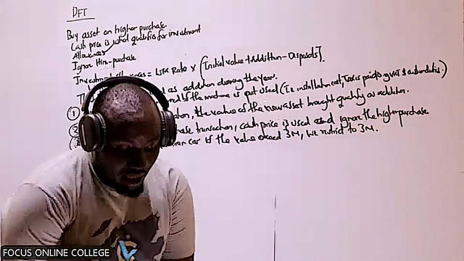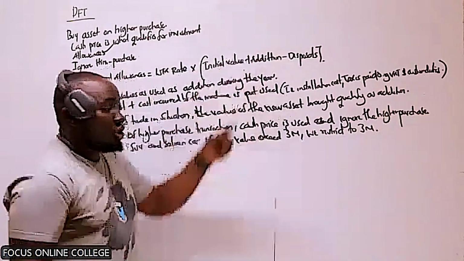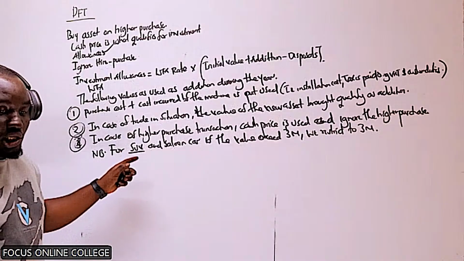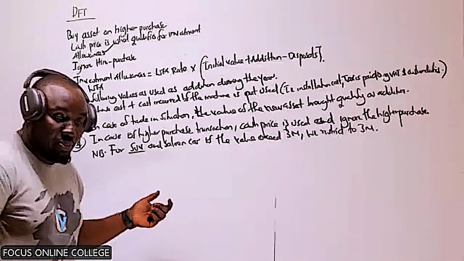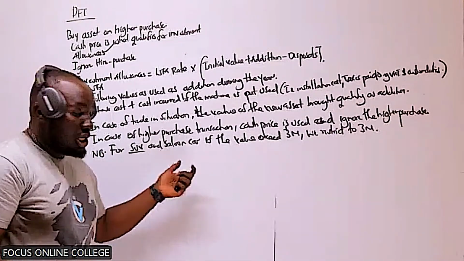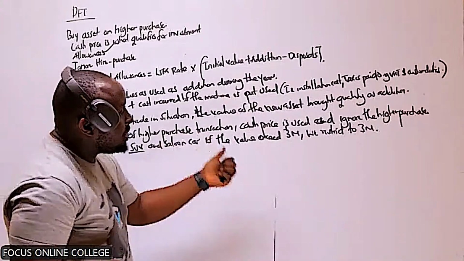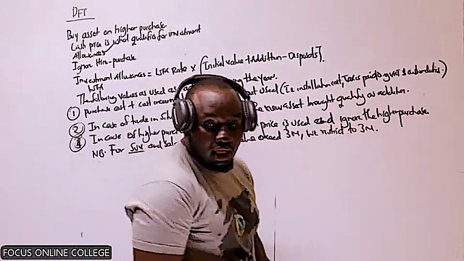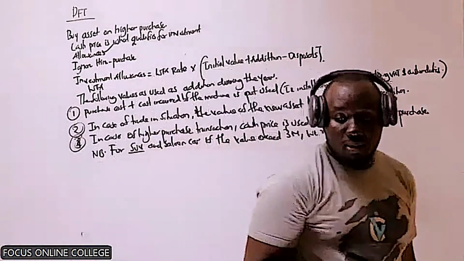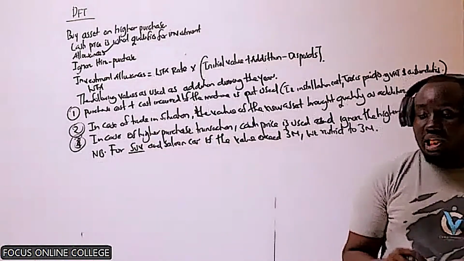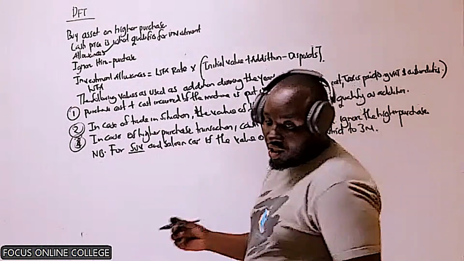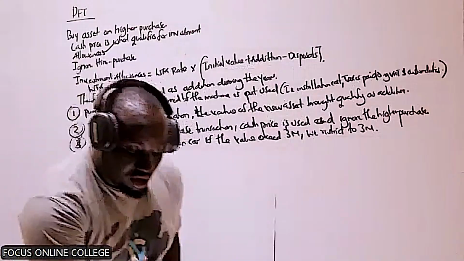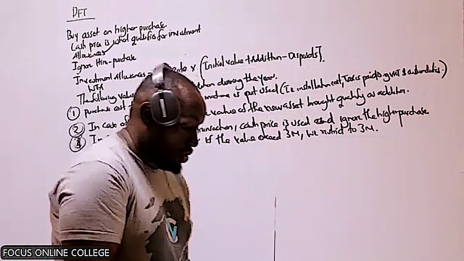So when you buy an asset, and that is the addition, in case of SUV, those are sport utility vehicles, Mercedes-Benz, Land Cruiser, and saloon car. We're basically saying that if the value exceeds 3 million, we restrict to 3 million. Give me a yes if you're together. Perfect. So then the last part is on the disposal part.